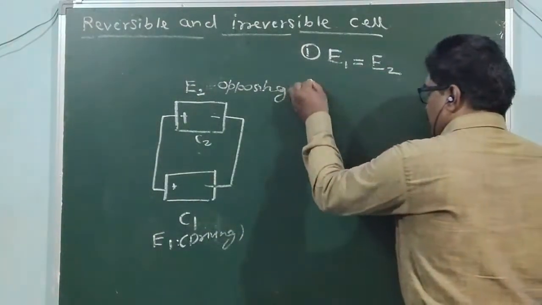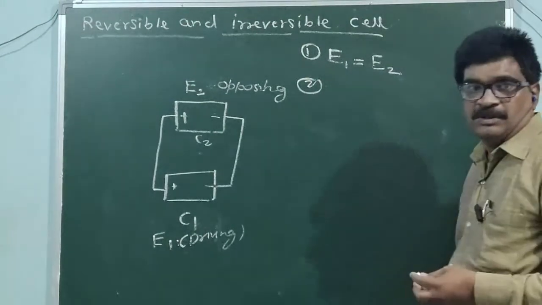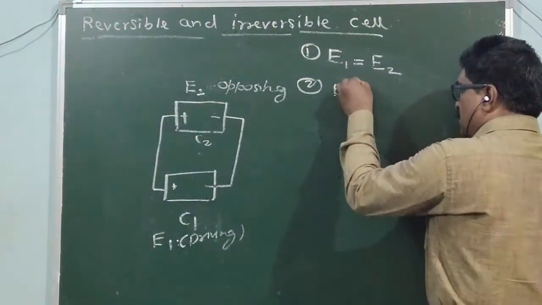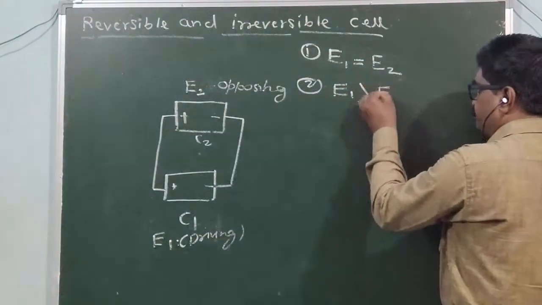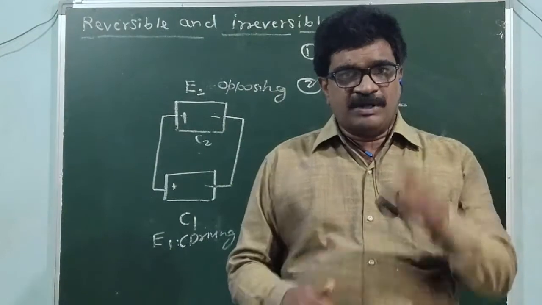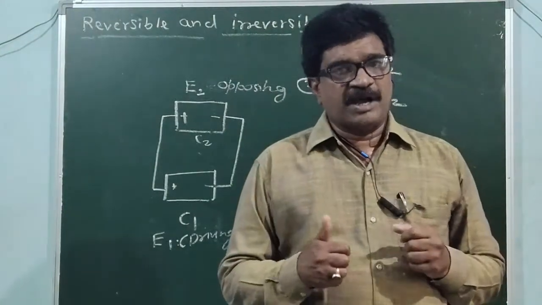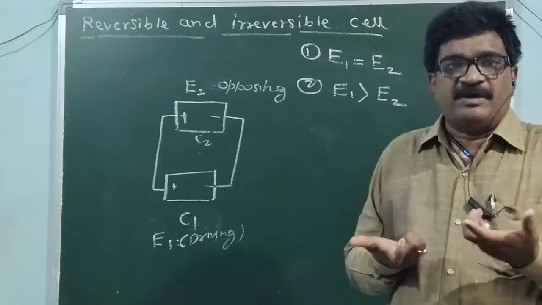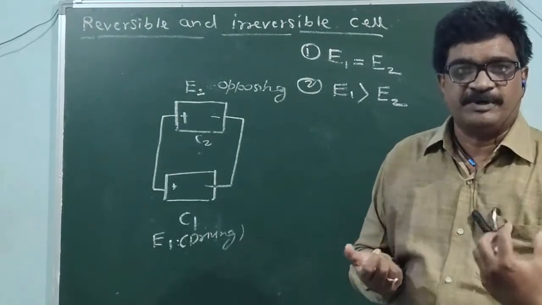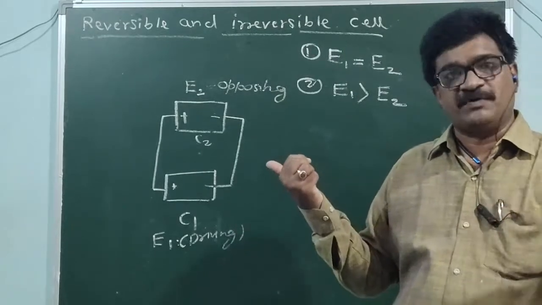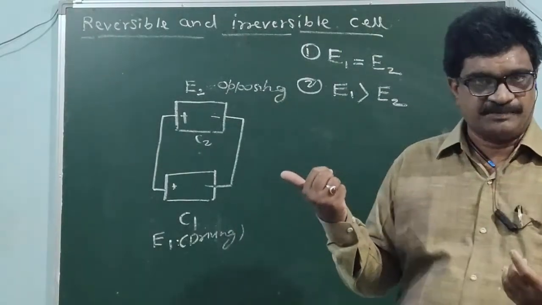Now here, if you see case number 2, that is if E1 is greater than E2. One thing should be kept in mind: the cell which has higher EMF will take command of that particular circuit, and that cell will be responsible for flowing the current in the circuit.